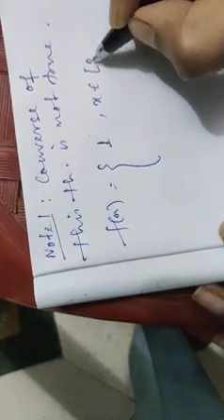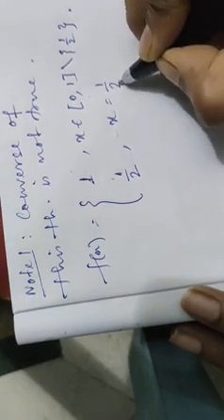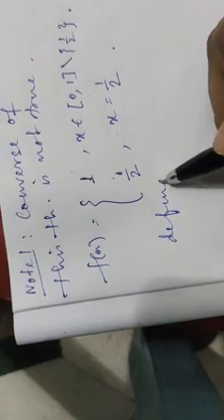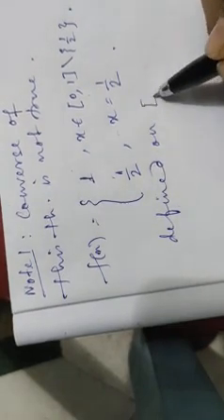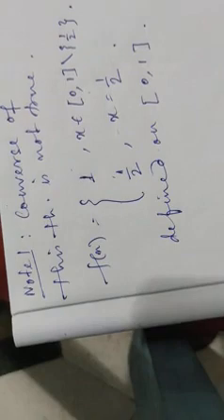We are choosing the function f(x) equals 1 when x belongs to closed [0, 1] minus {1/2}, and some other value, say 1/2, at x equals 1/2. This is clearly defined on closed [0, 1]. Now check at the point 1/2.